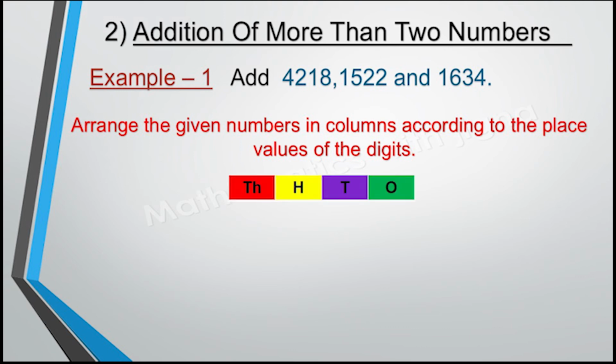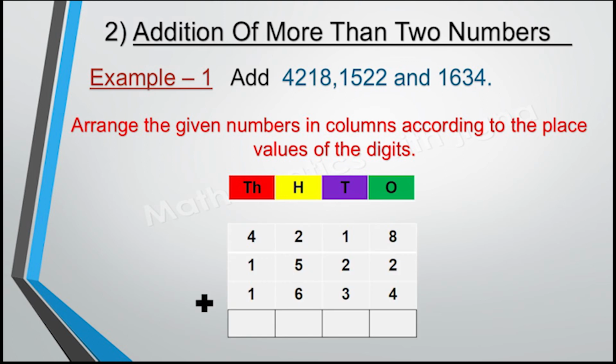Arrange all numbers in columns and start addition at the ones place. But before that, we recall that the first number of addition is known as augend and the other numbers being added are known as addends. Now start adding the ones.